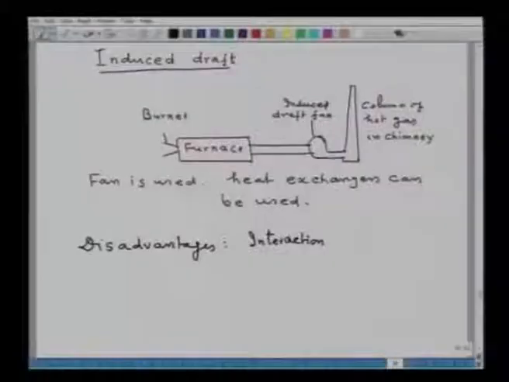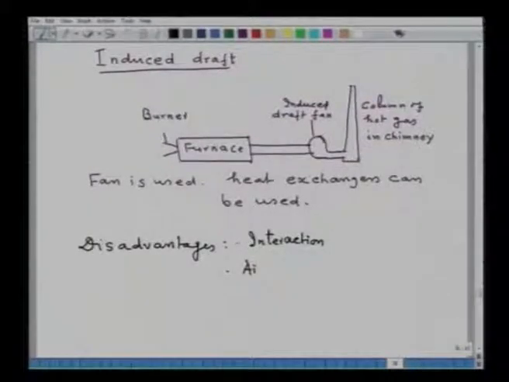And second important disadvantage is the air leakage. Now, since the furnace operates under suction, the chances of air leakage is very, very high. So, one is to be careful, because any air leakage will take away the heat of the furnace, and such calculations we have done in our lectures on combustion 9 to 13. So, air leakage is very detrimental, though the induced draft fan is good, but these are the disadvantages.